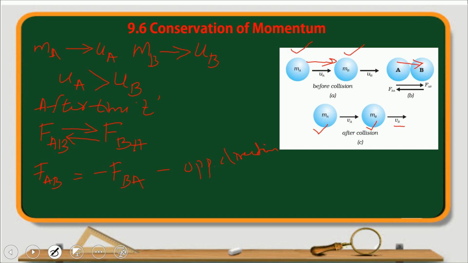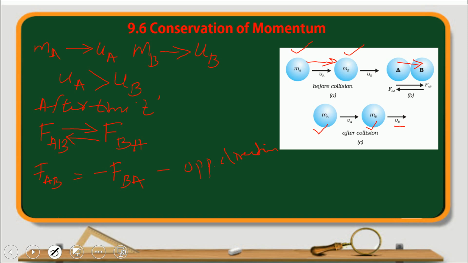So this is the setup. Two marbles are moving in the same direction, marble A and marble B, with masses MA and MB respectively. Marble A has initial velocity UA and marble B has initial velocity UB.